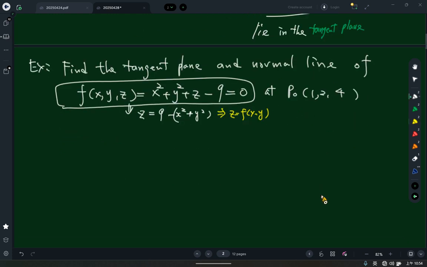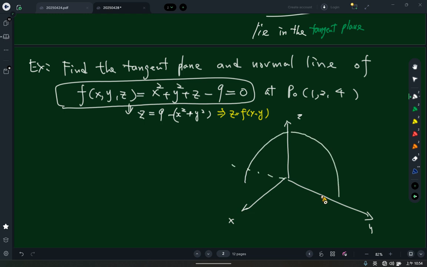So I can also draw the surface for you, with axes x, y, z. Then the shape is something like that. This is z is equal to 9 minus x squared plus y squared.